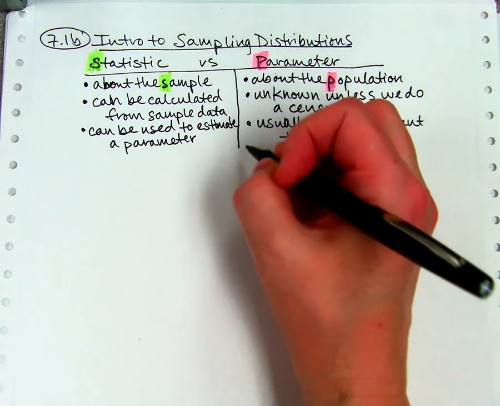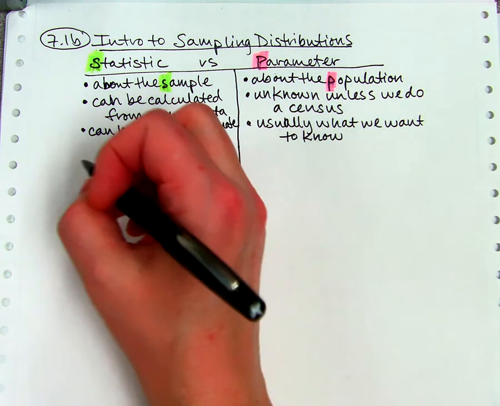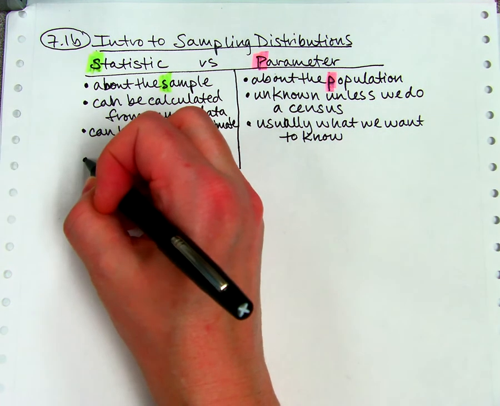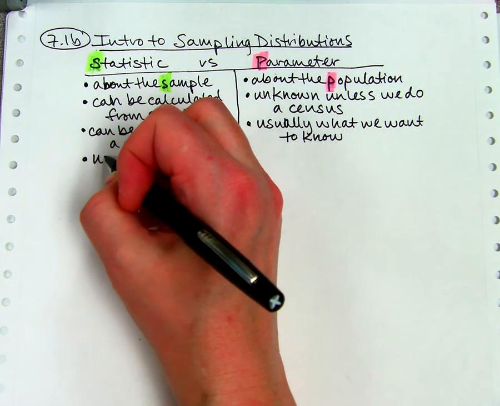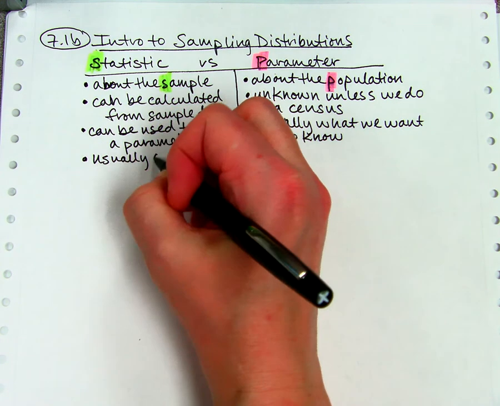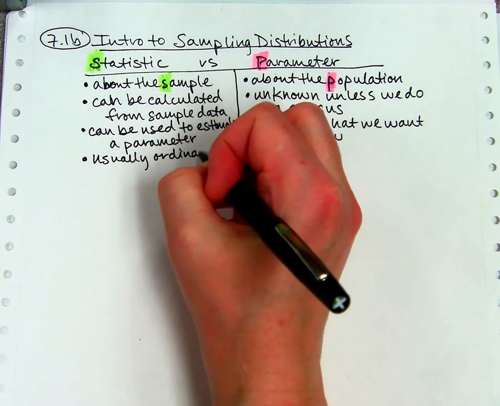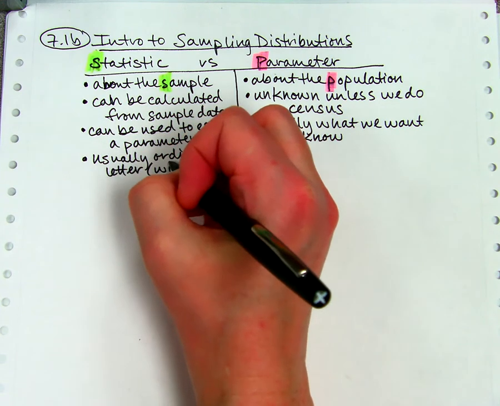And then when we're naming these things, you already saw the lowercase n versus uppercase N, and that could happen with other things too. So usually a statistic is named with ordinary letters, sometimes with symbols attached.